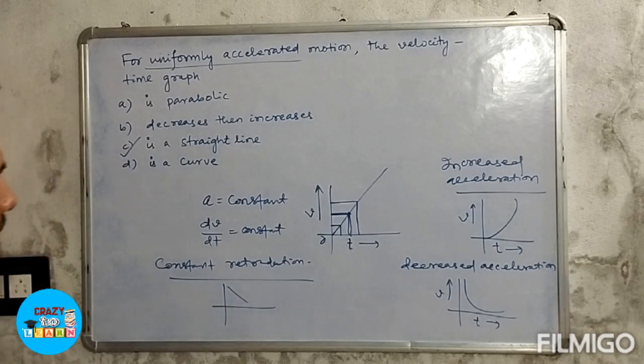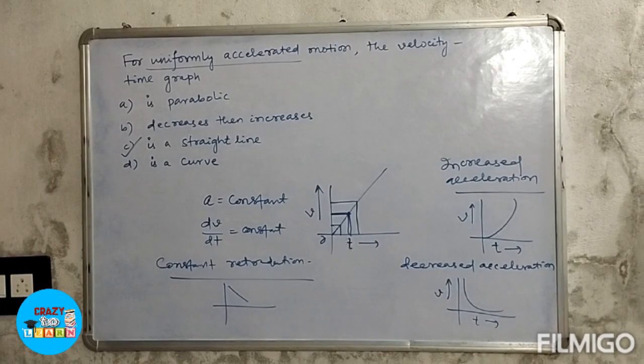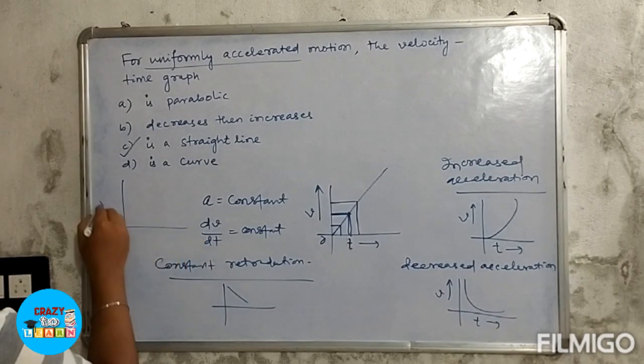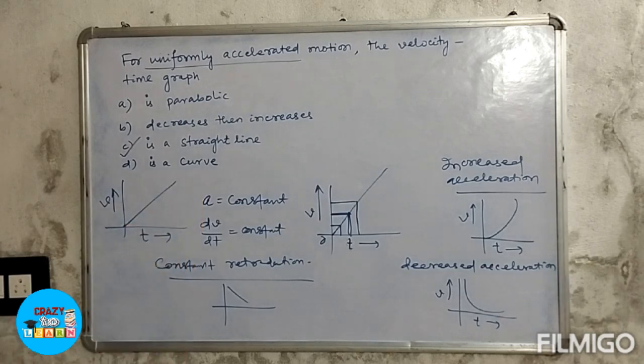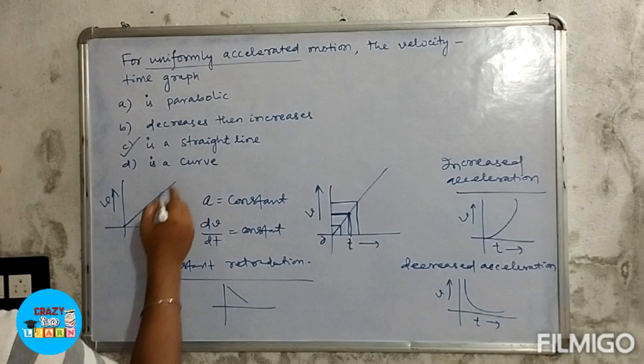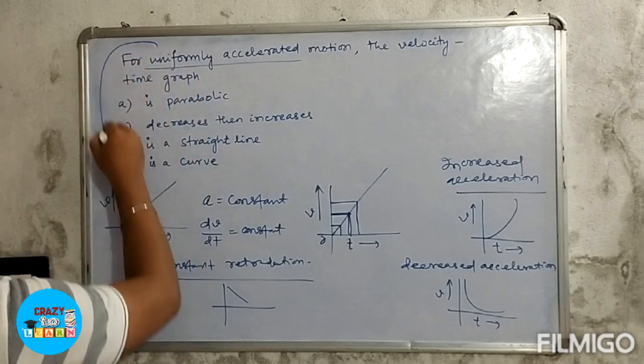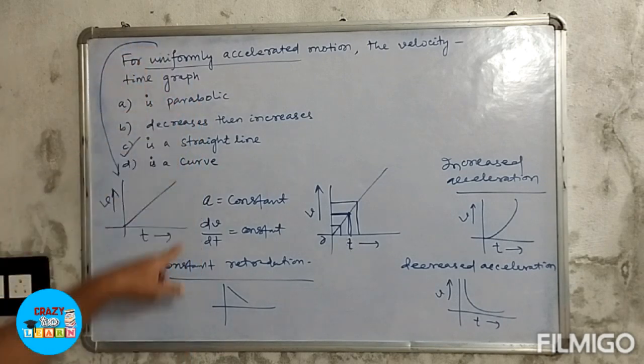Like this. Here the velocity time graph is like this, a straight line. It is the graph for uniformly accelerated motion. Uniformly accelerated, then this is the graph.